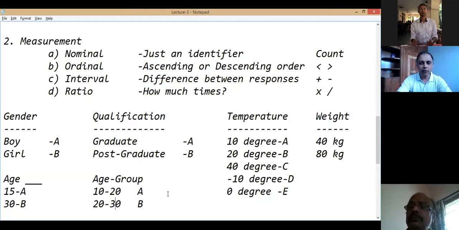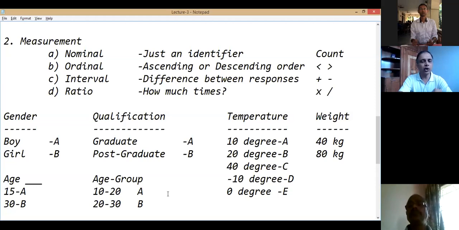Open-ended qualitative is outside the purview of any statistical tool. We cannot apply Excel, SPSS, or these software on qualitative data. For qualitative data, there are different software like NVivo, Atlas.ti, or R can be used for some text mining. I am talking largely about quantitative data.